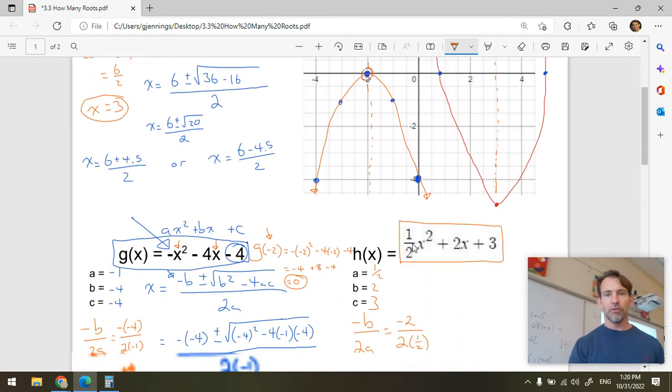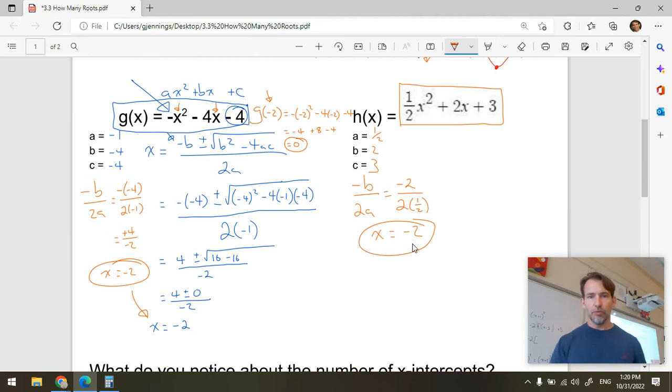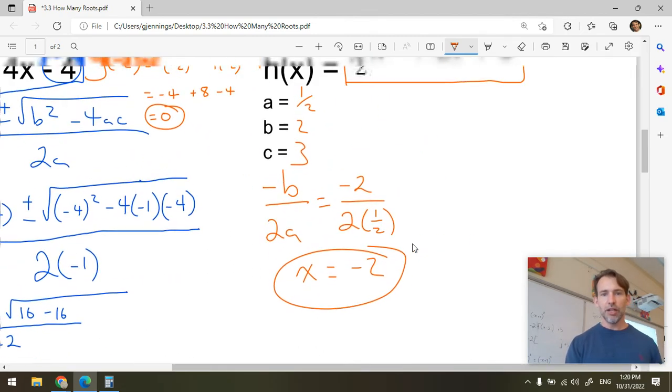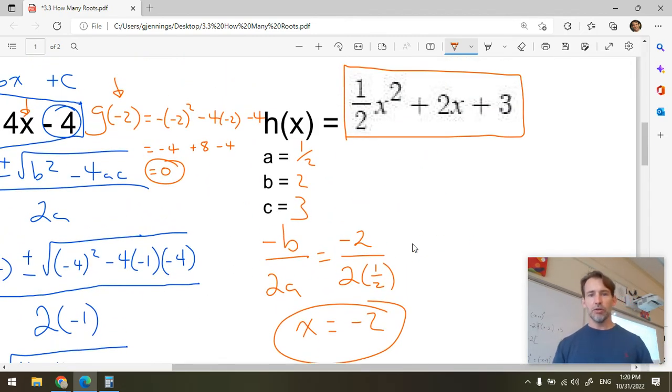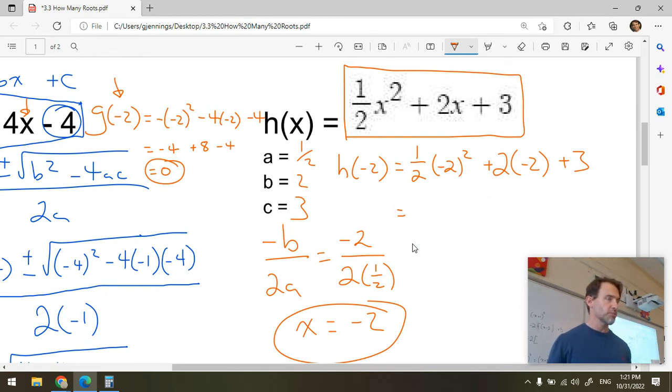And let's find the y value of the vertex. So to find the y value of this vertex, I'm going to substitute in negative 2 for x in all of these places. So I'm going to find h at negative 2. And so that's going to be equal to 1/2 multiplied by negative 2 squared plus 2 times negative 2 plus 3. Okay, so I have to do BEDMAS here, so negative 2 squared first because it's an exponent.